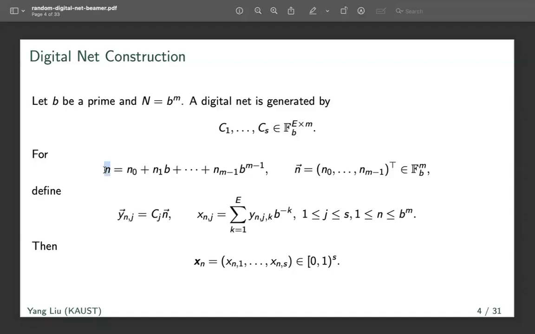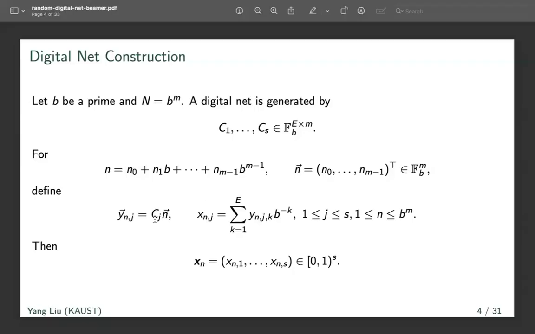So this n is an integer ranging from 0 to b to the m minus 1. We write this n in its b-adic expansion, and we use n with an arrow to denote the vector containing the digits of this b-adic expansion.